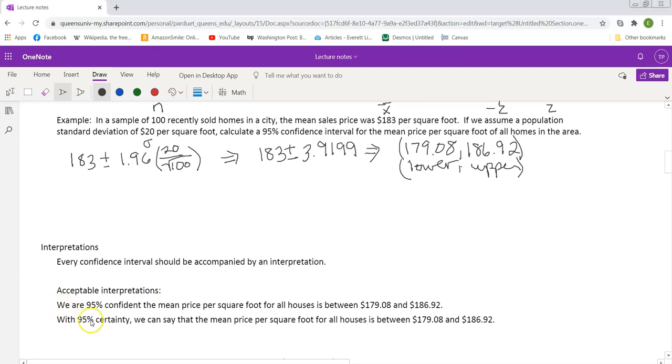There are a couple of ways we could phrase this. One is, we are 95% confident that the mean price per square foot for all houses in this city is between 179.08 and 186.92. About the extent of your leeway is to change that from we are 95% confident to with 95% certainty. Okay.